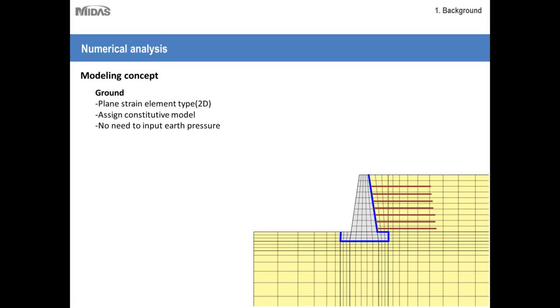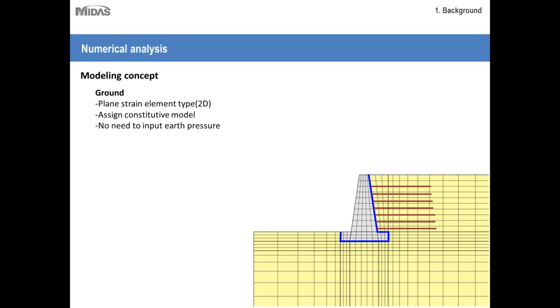and there is no need to input any earth pressure. If you remember from our previous lectures where we talked about slope stability analysis and retention systems, we often talked about the conventional method where you apply the earth pressure onto the structure based on active earth pressure and earth pressure at rest, and then determine the structural forces in the members for designing.